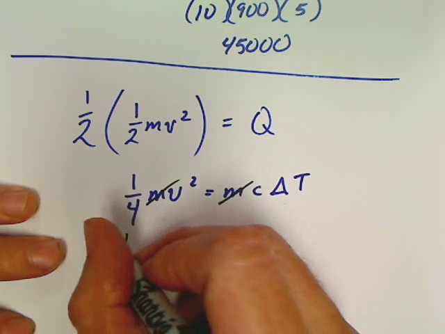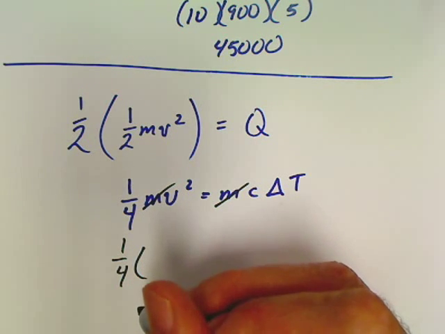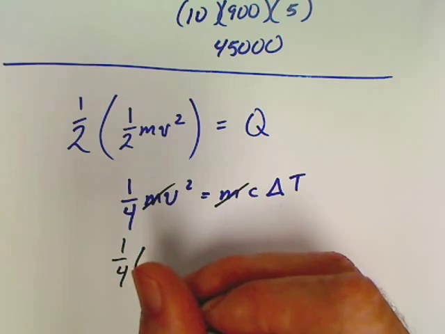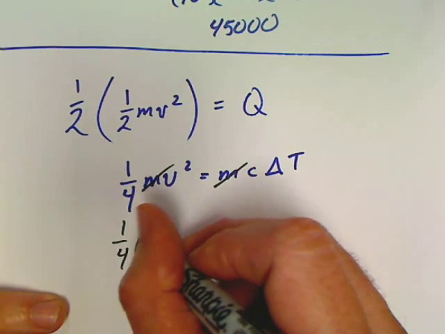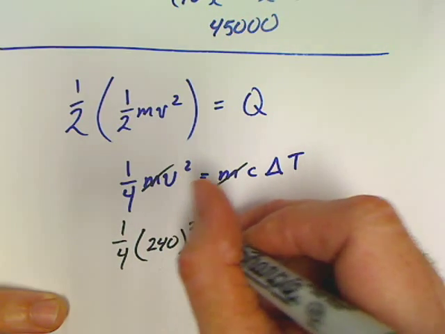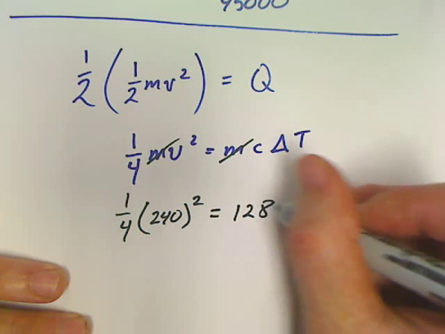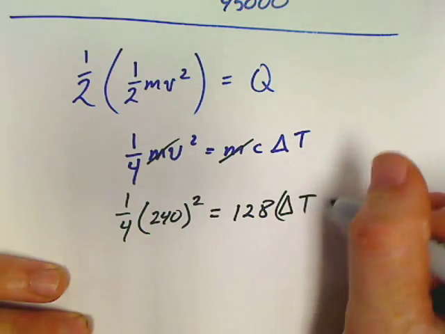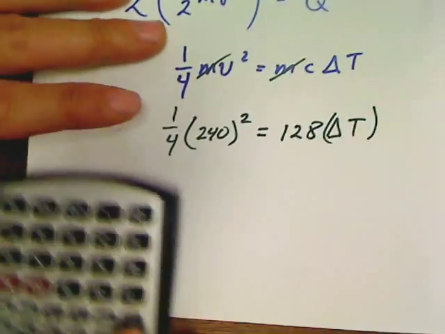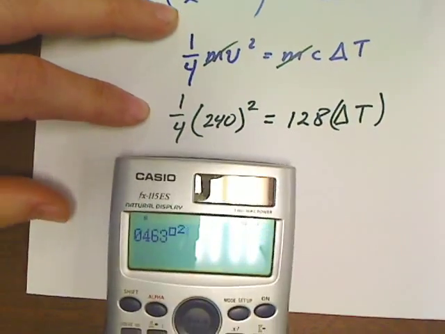So this is going to be 1/4 times the velocity of the bullet, which was 240 squared, which is what people forget, equals 128 times delta T, and the problem wanted me to find the temperature change of the bullet. So let's plug this in and get an answer.